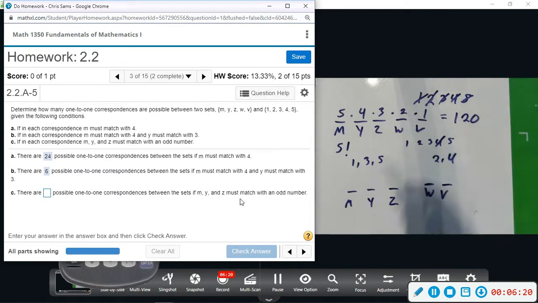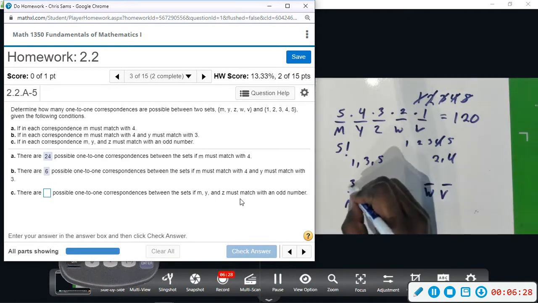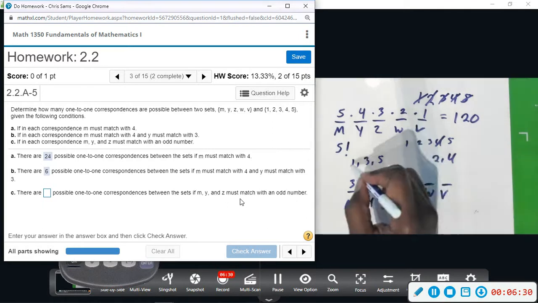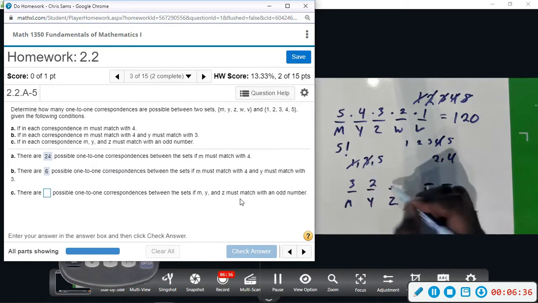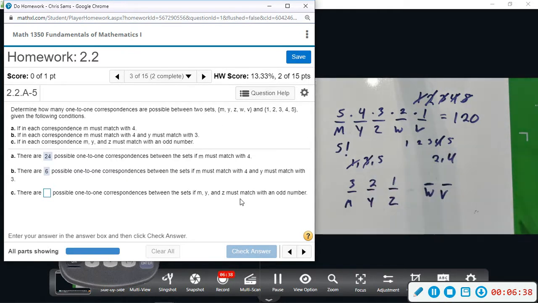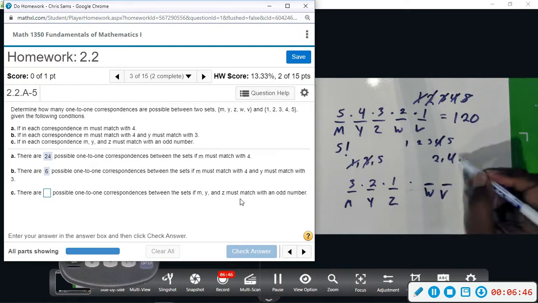So over here, for M, there are 3 odd numbers. I can pick any one of them. It just says odd, so I have 3 choices here. Once I use one of them, the next one only has 2 options, and then the last is stuck with whatever's left. So we're going to multiply 3 times 2 times 1. And we also have to multiply what we get over here. W and V are going to be paired with the even numbers.